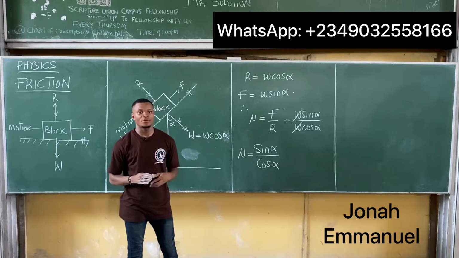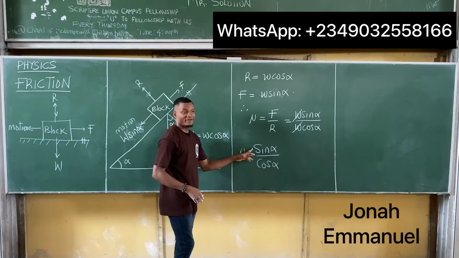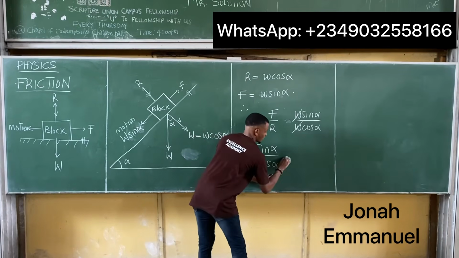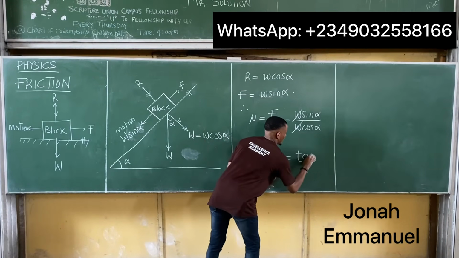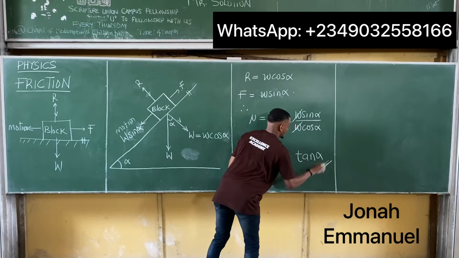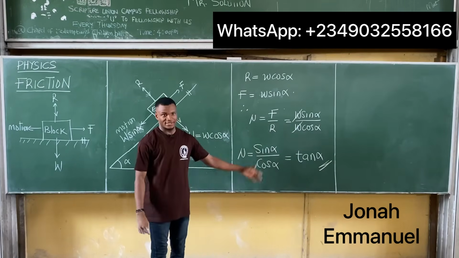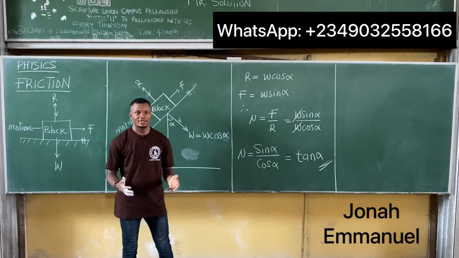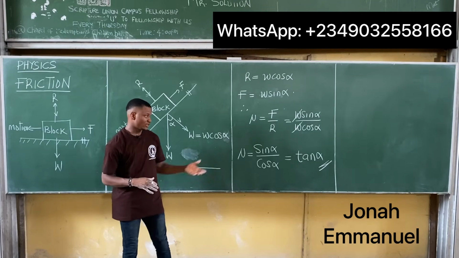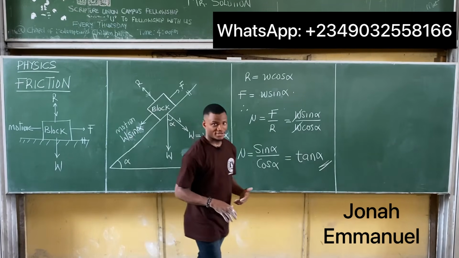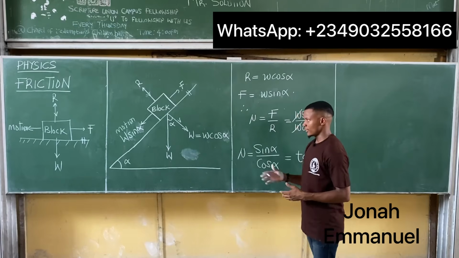And if you're familiar with trigonometric identities, sine alpha over cos alpha gives you tan alpha. Alright, so this becomes your answer. Hence, the answer to that question is tan alpha. So this is how you solve this particular question.